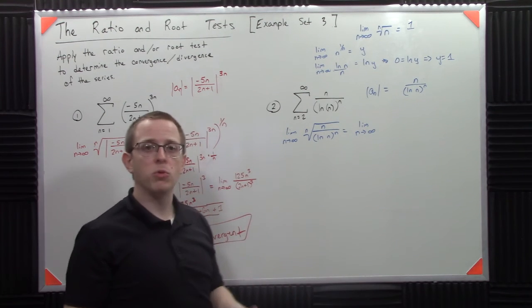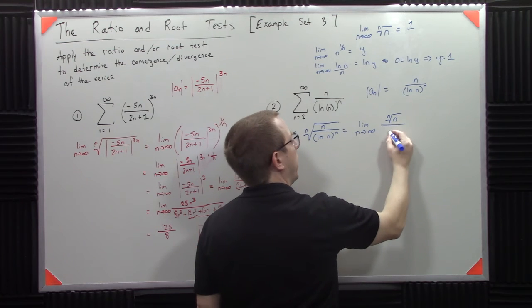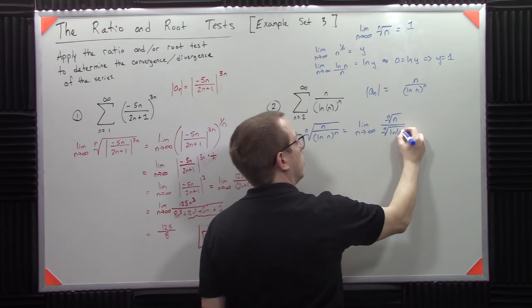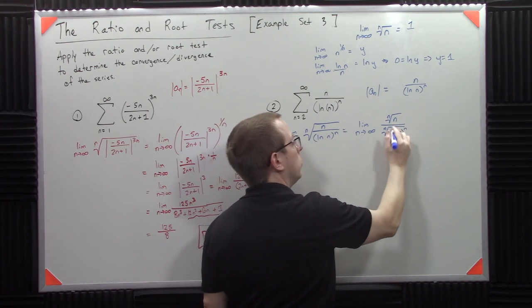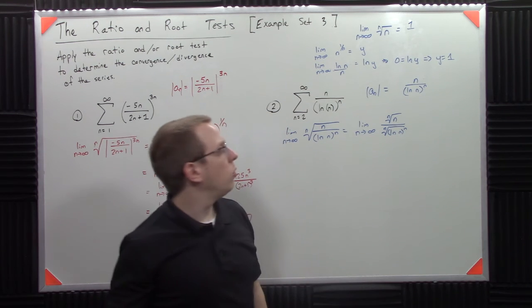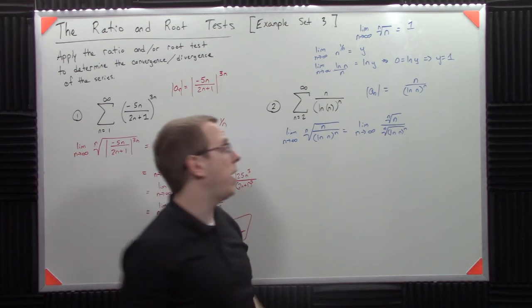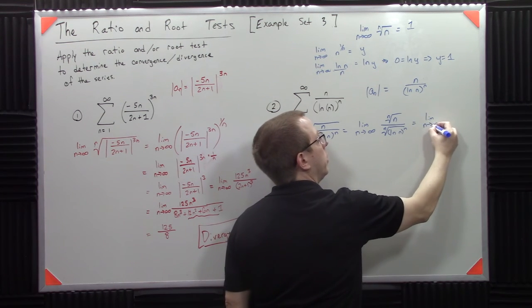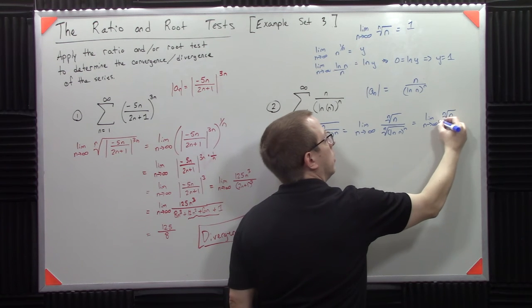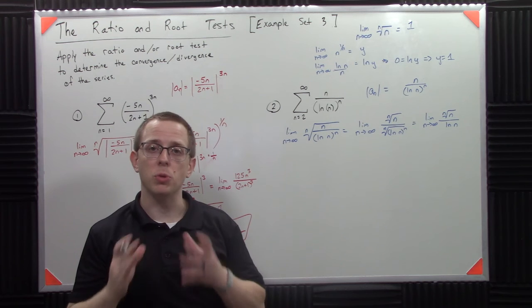By the properties of roots, we can split it on top and bottom. So this clearly has a cancellation property. It's the nth root of the nth power. So I have the limit as n goes to infinity, at which point I can then use the properties of limits.